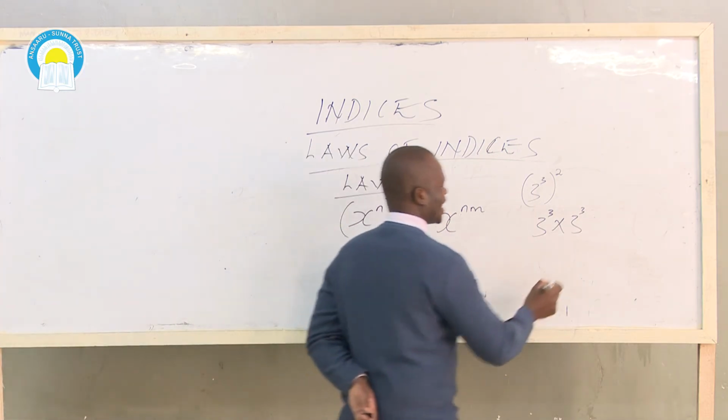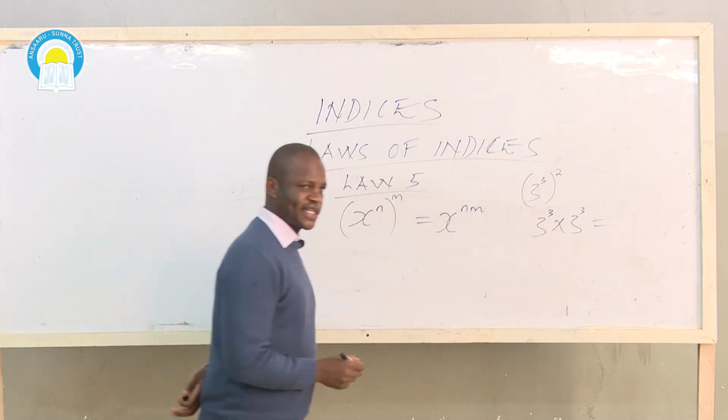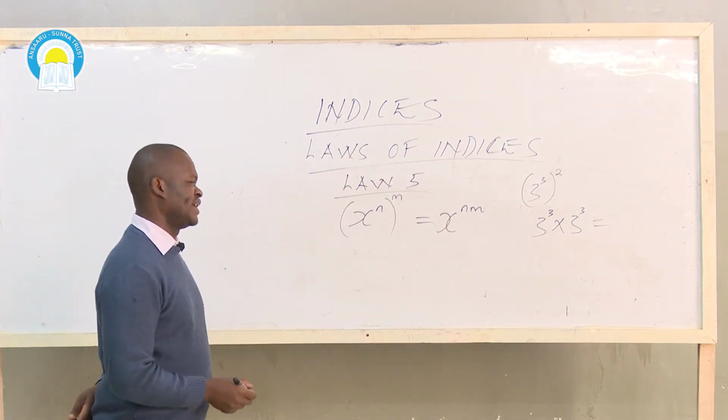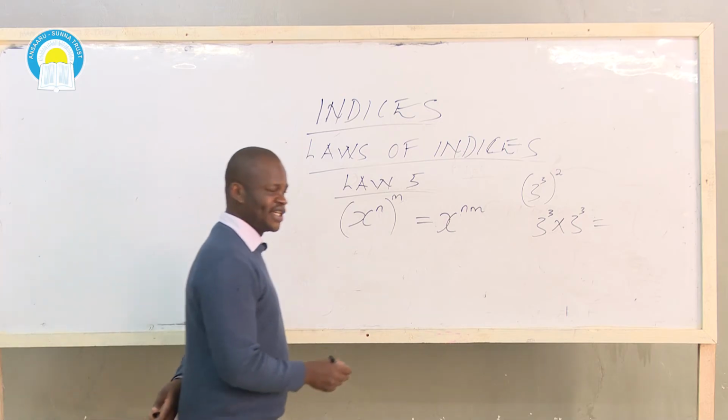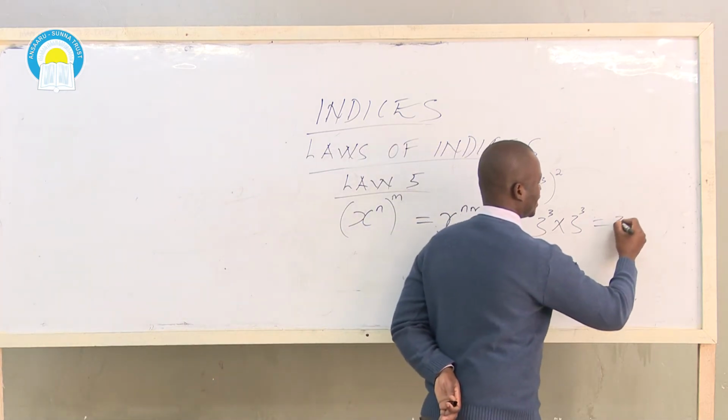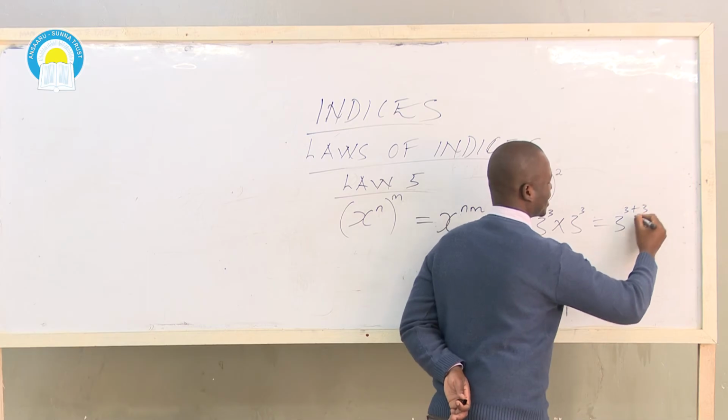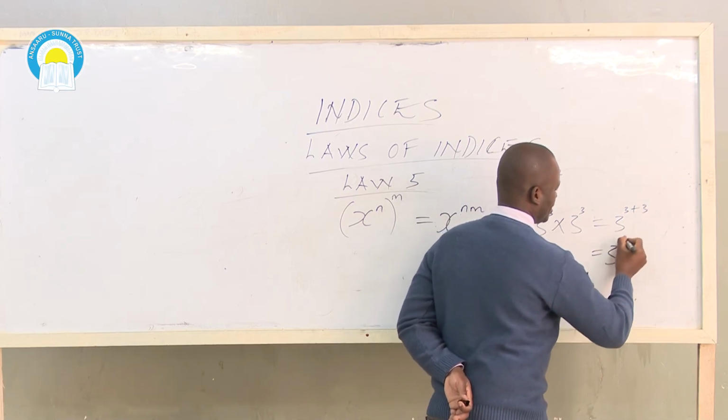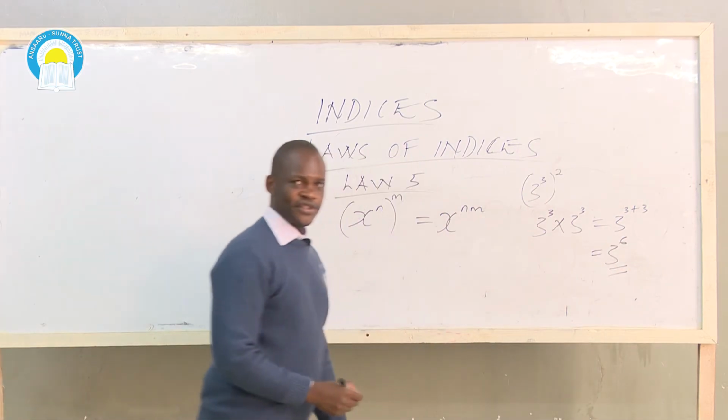Now, let me apply the first law of multiplication having numbers to a similar base. It means I'm going to add 3 plus 3, which are the indices, to give me overall outcome of 3 power 6.